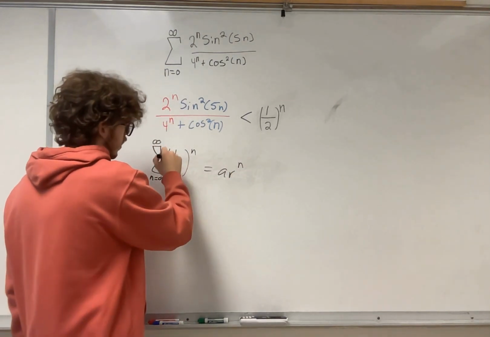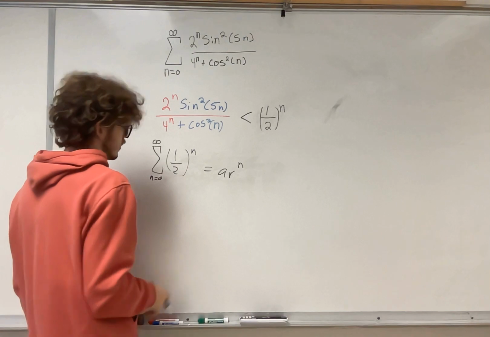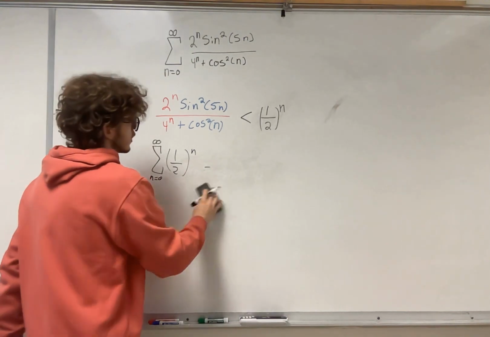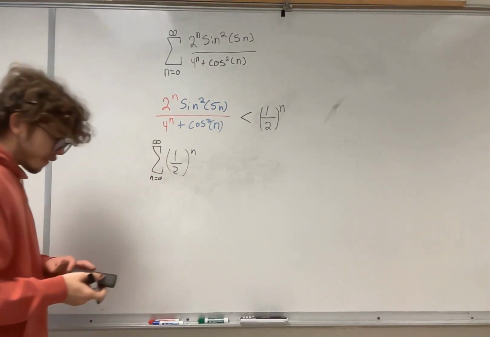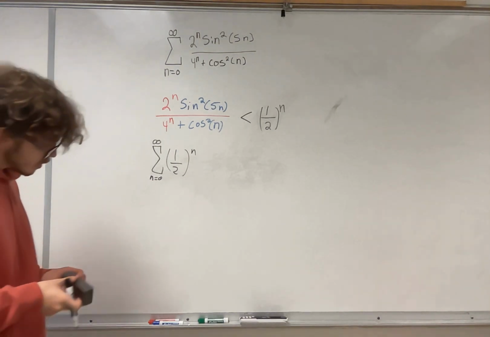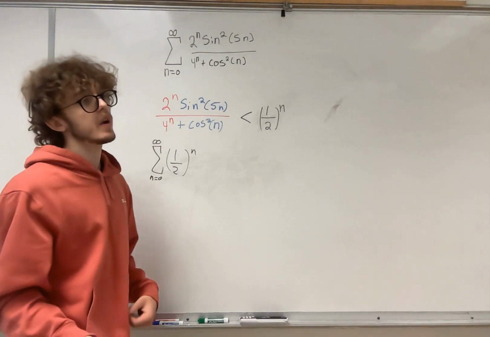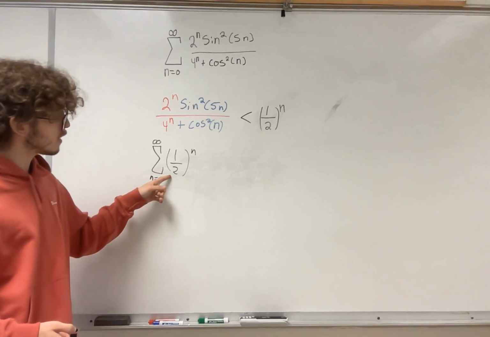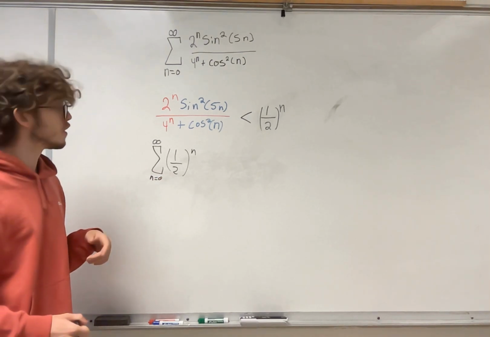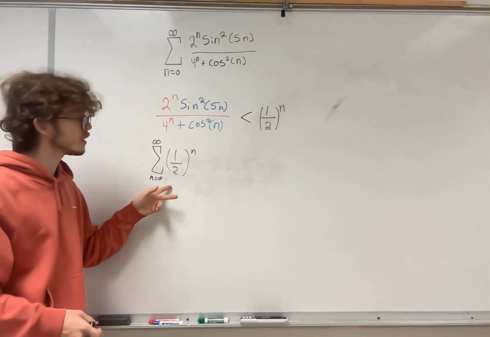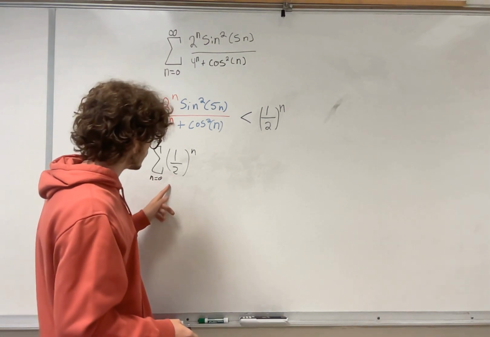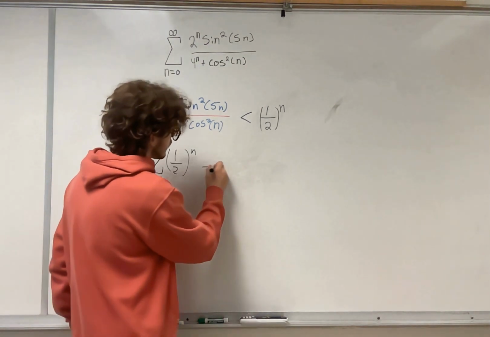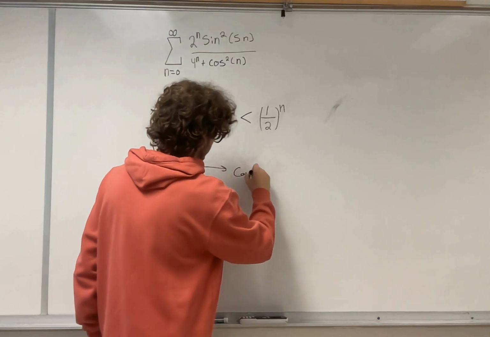Our a is just 1, and r is simply 1/2. So when we identify a sum, we know that any r value greater than or equal to 1 is going to make the series divergent, whereas if we have a value less than 1, it is going to be convergent. And we know here, since r is less than 1, this is going to be a convergent series.